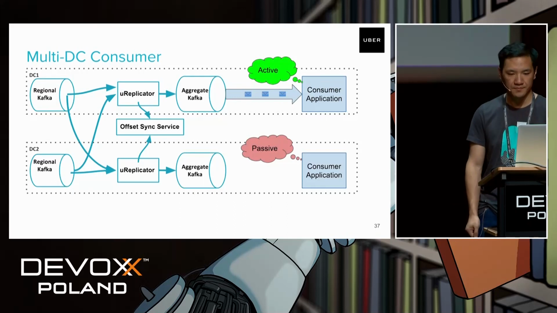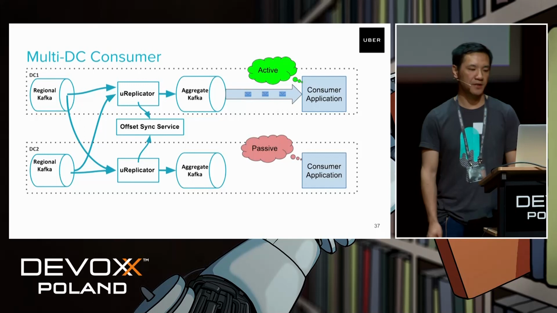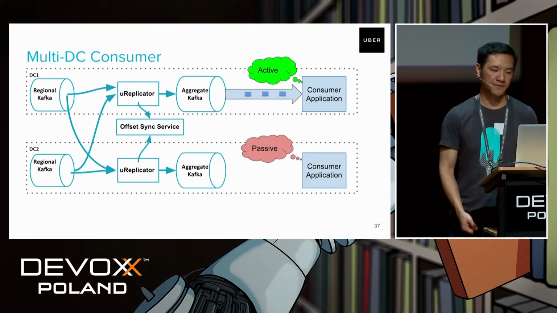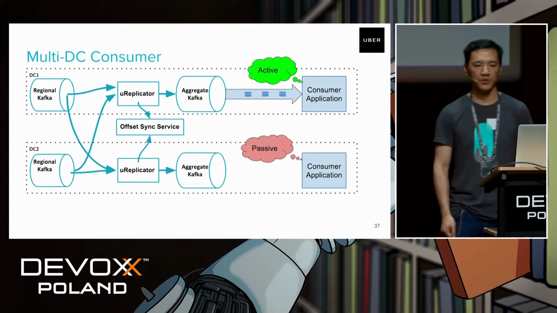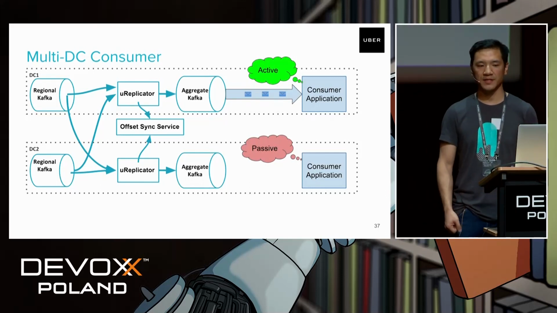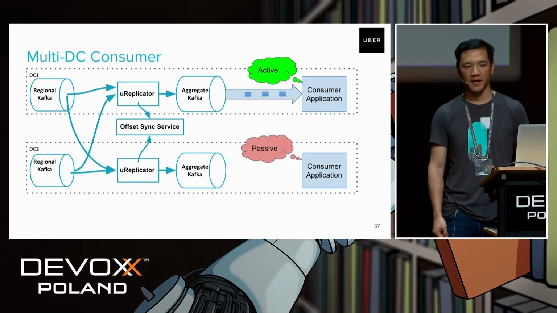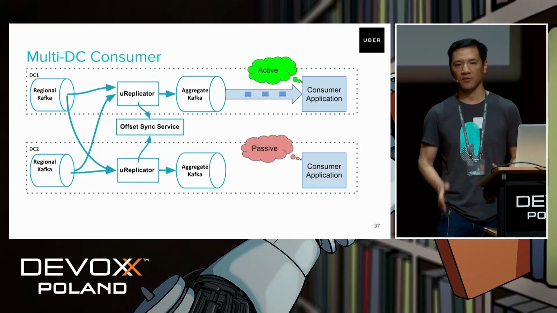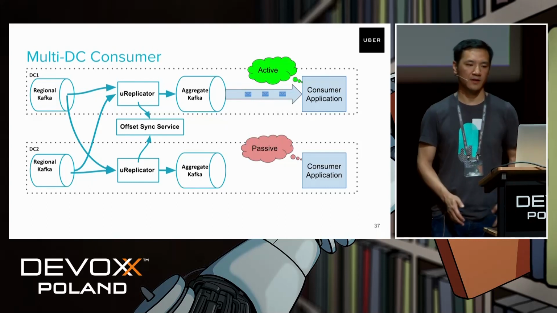The consumer application in the other DC will be passive. We have a library within our consumer library to check which DC is active at the current moment, and if it's passive, it will stop consuming from the Kafka cluster.